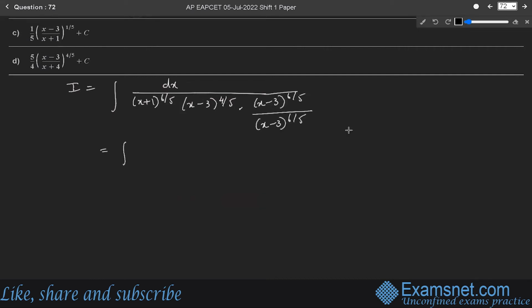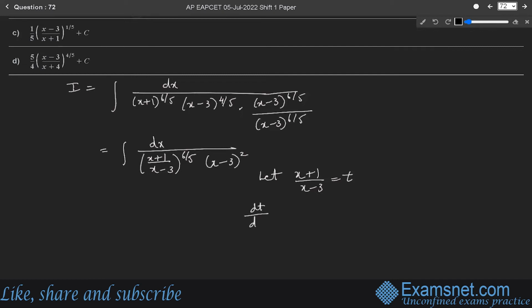So I will be equal to integral of dx upon [(x plus 1) upon (x minus 3)] power 6 by 5 into (x minus 3) whole square. Now let (x plus 1) upon (x minus 3) be equal to t.